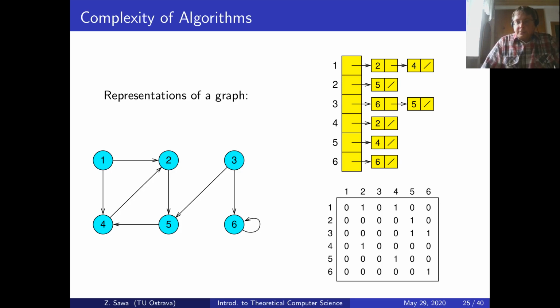What could be even bigger is the difference in time complexity, depending on what kind of operation is performed most often.